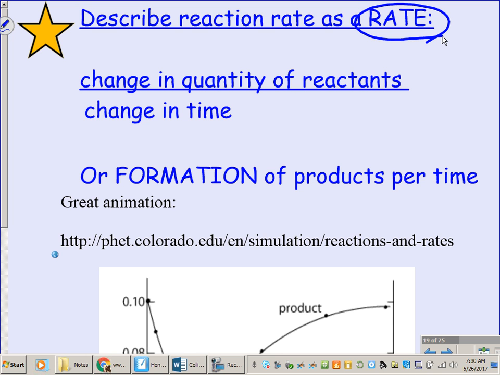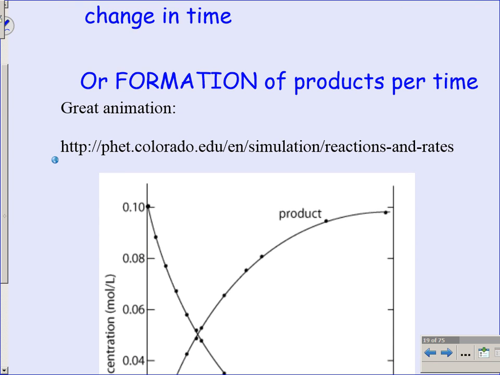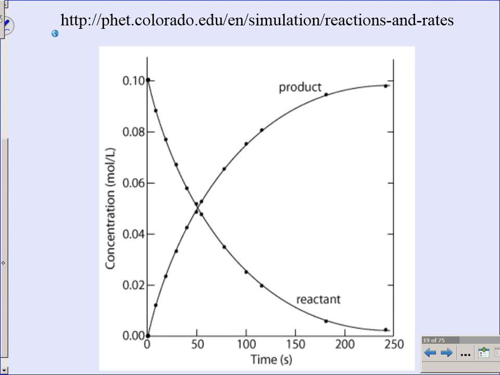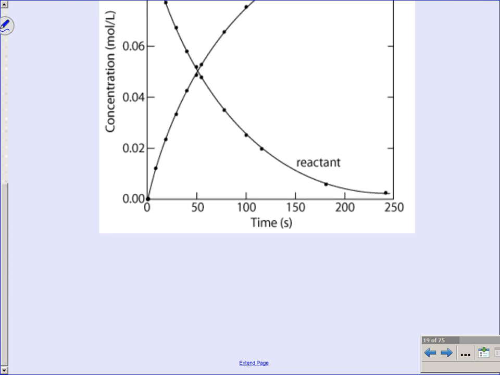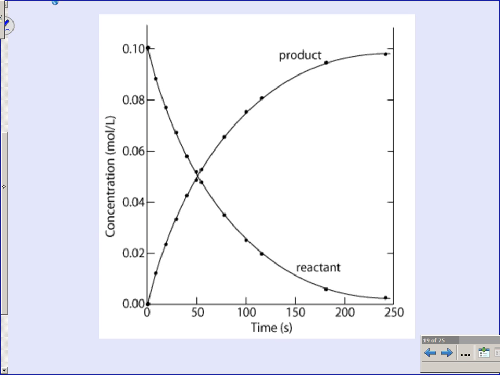When you have a graph related to that, it's many times graphed as concentration versus time. So your axes for a rate or an equilibrium graph would be something like this. You would have concentration on the y-axis, time on the x-axis, because time is your independent variable.